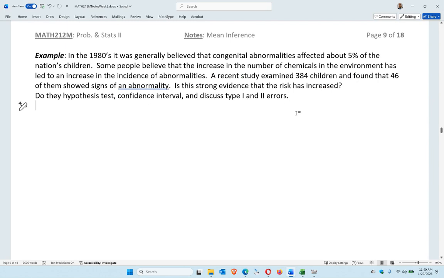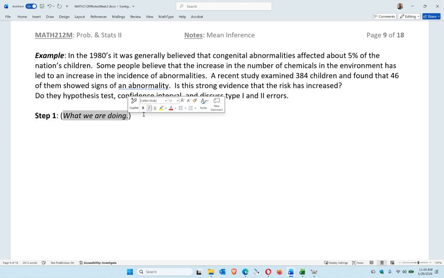All right, so I typically do 4 steps in my hypothesis testing. So step 1 is basically what we are doing, right? We'll make that bold there. I'll italicize that. Okay.